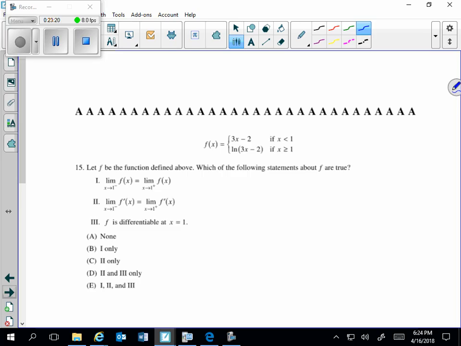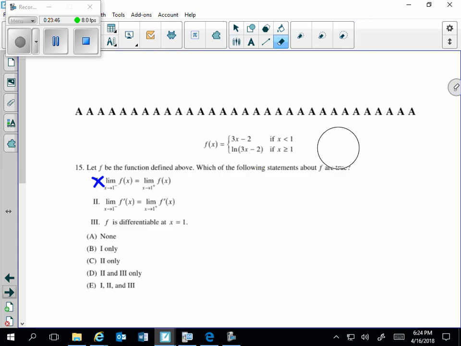Plug in 1, I get 3 minus 2, which equals 1. On the bottom, plug in 1, I get 3 minus 2, which is 1. And the natural log of 1 is 0. So on the top, I get 1. On the bottom, I get 0. Statement 1 is not correct. The limits as it approaches from the left and the right are not the same. Okay.